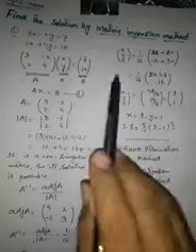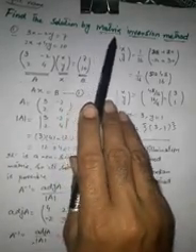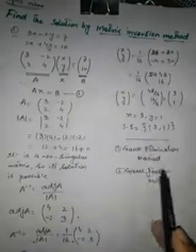These two methods, first Cramer's rule and the second the matrix inversion method, are the continuation of Gauss elimination methods.